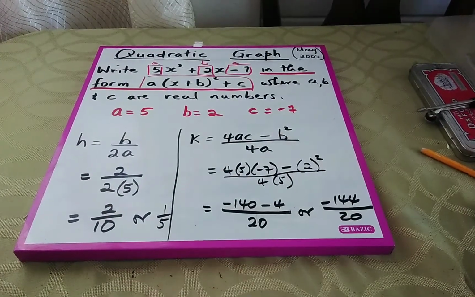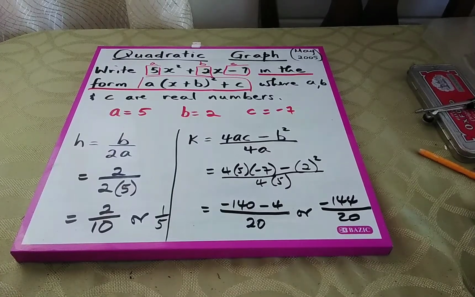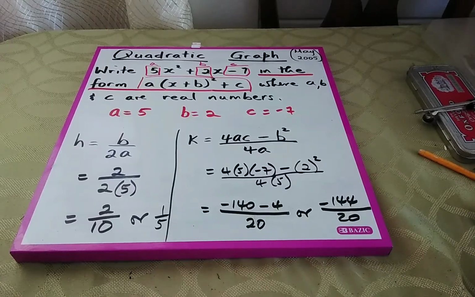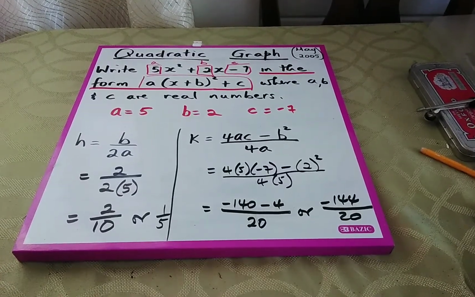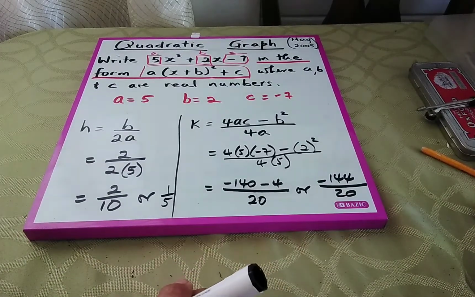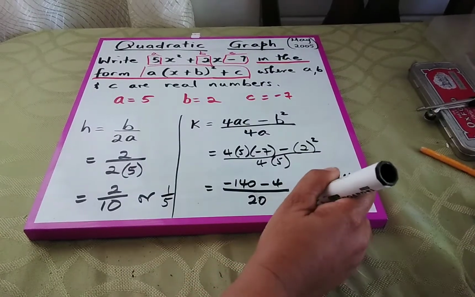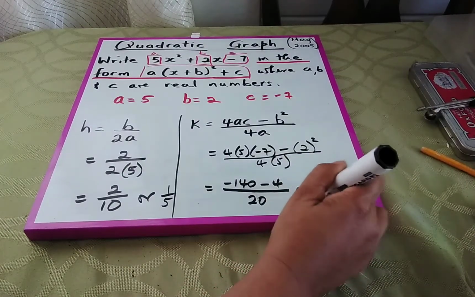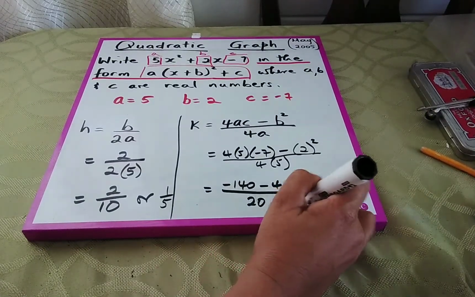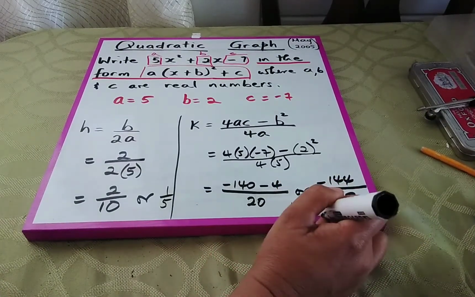As you can see, 2 can go into both the numerator and the denominator. So let me see. 2 into 144 goes 72 times, so it's negative 72 over 10.